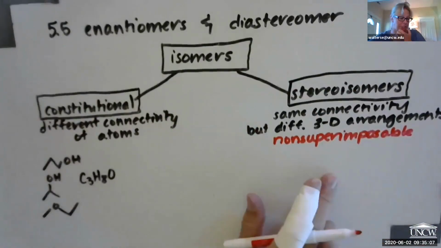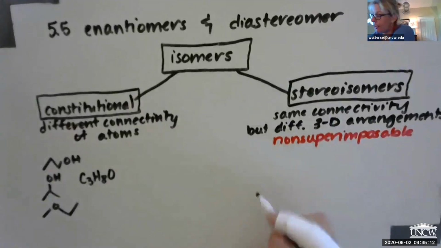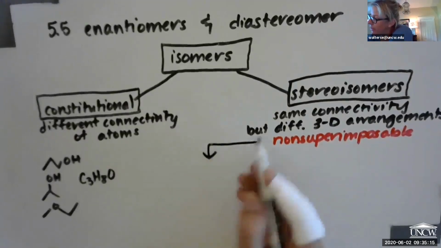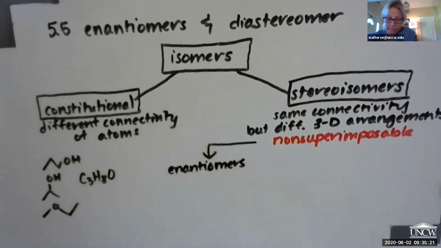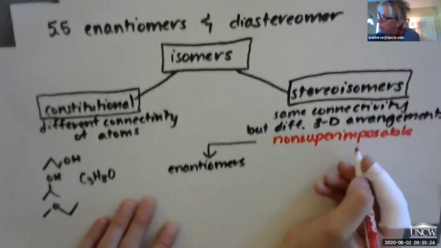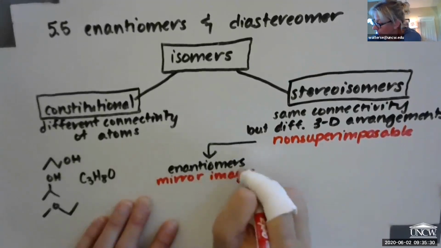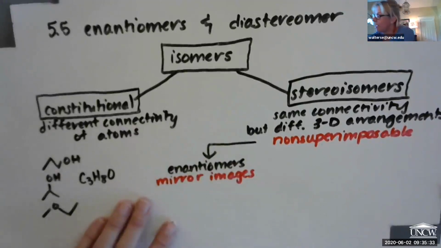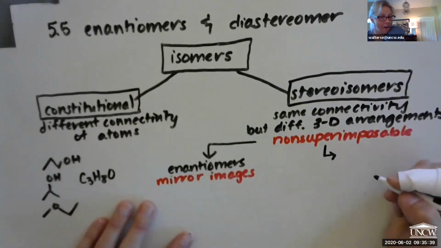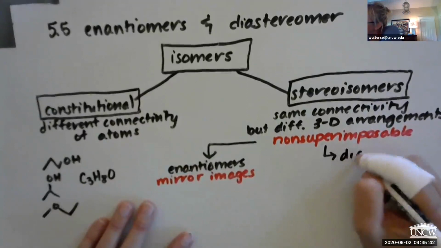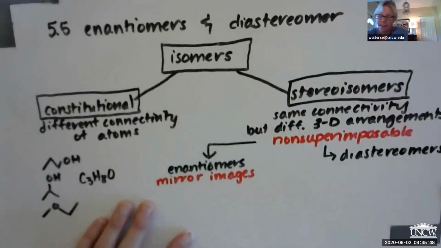So they're always non-superimposable. The difference in stereoisomers is that if you have enantiomers, they're non-superimposable, but they're mirror images. If they're non-superimposable, but they are not mirror images, they're called diastereomers.